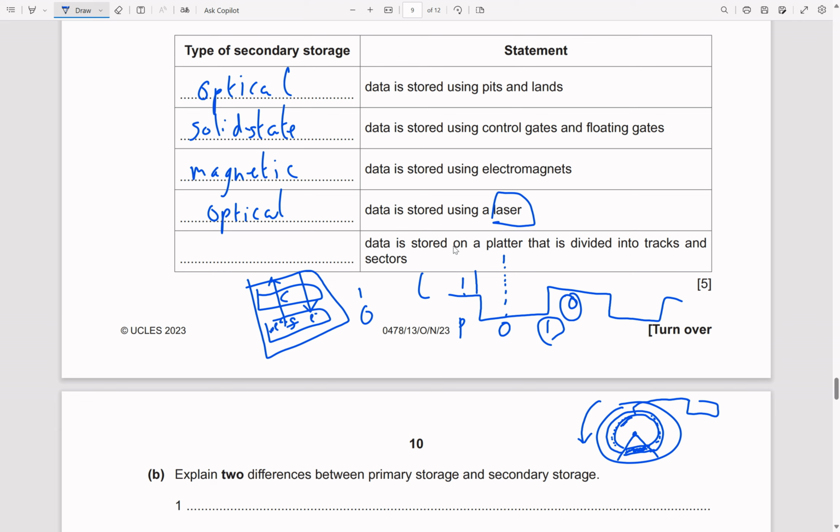A sector is then part of a track. They're going to store different amounts of data, like maybe a sector stores 1 kilobyte, or 1 kibibyte, of data. So this is just going to be magnetic.